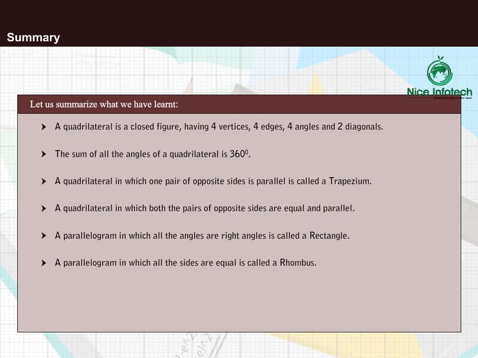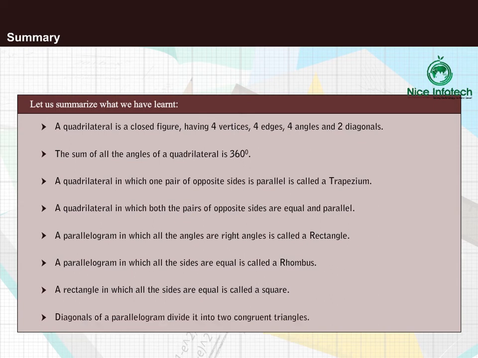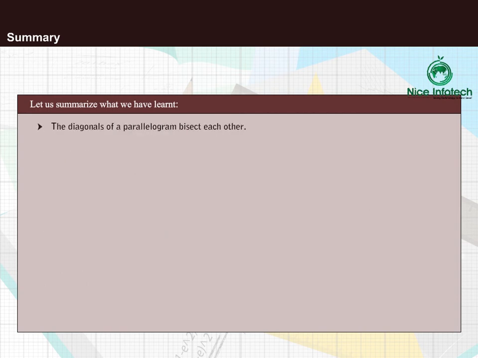A parallelogram in which all the sides are equal is called a rhombus. A rectangle in which all the sides are equal is called a square. Diagonals of a parallelogram divide it into 2 congruent triangles. The diagonals of a parallelogram bisect each other.